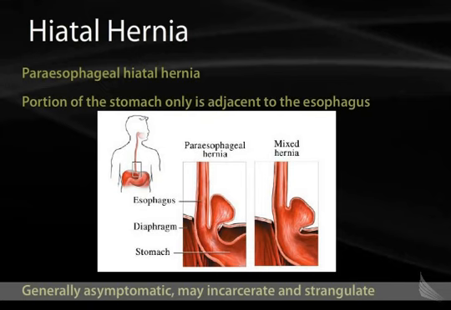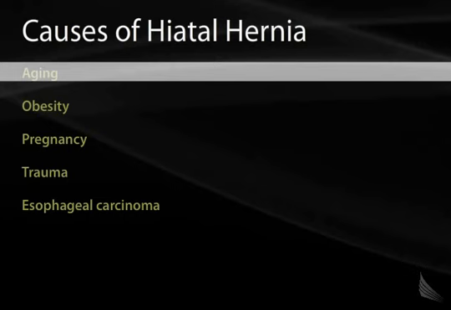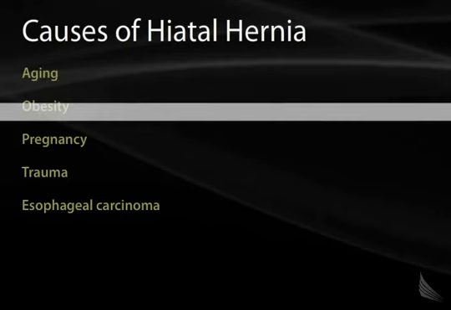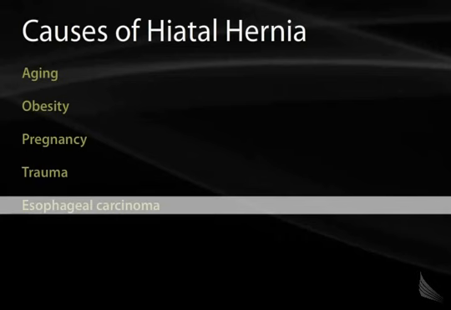A mixed hernia is when a sliding hiatal hernia is present, but there is also a portion of the stomach which is adjacent to the esophagus, and so can also result in incarceration. There are different causes of hiatal hernia. The most important are aging, obesity, pregnancy, trauma, and esophageal carcinomas.